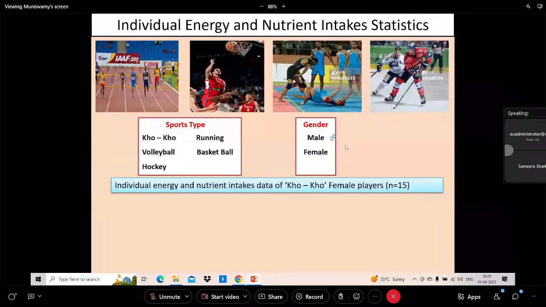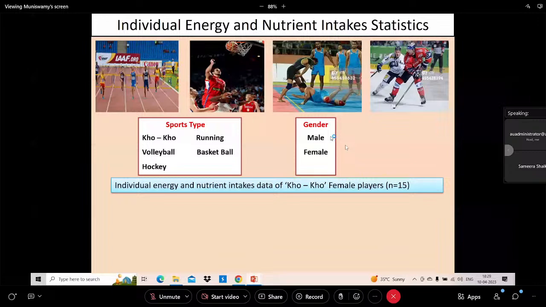What is a variable and what is a factor? The food and nutrition department's main motto is that they prepared one drink and supplied it to different types of sports persons. Their objective is whether that drink produces the same kind of energy for all the sports persons or not.